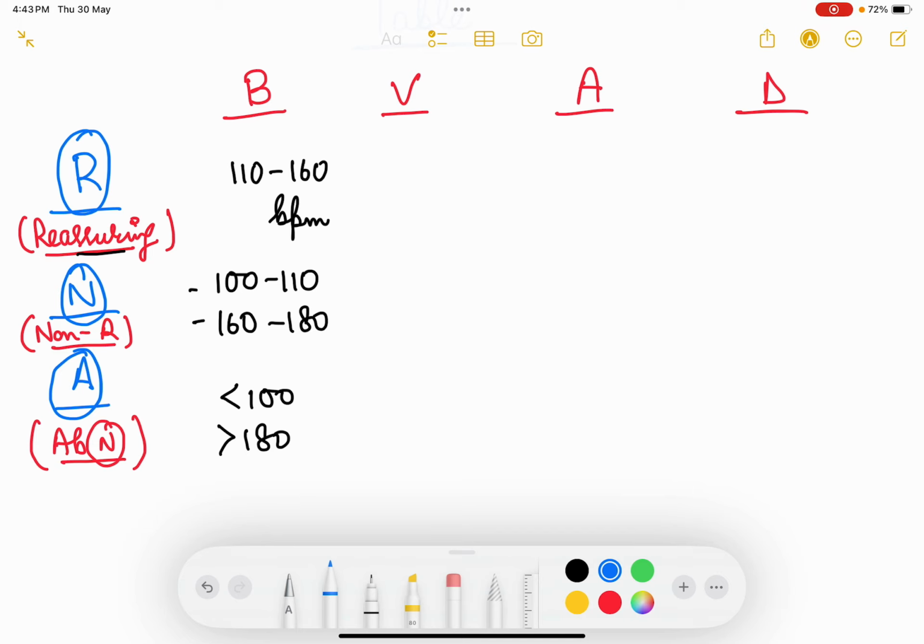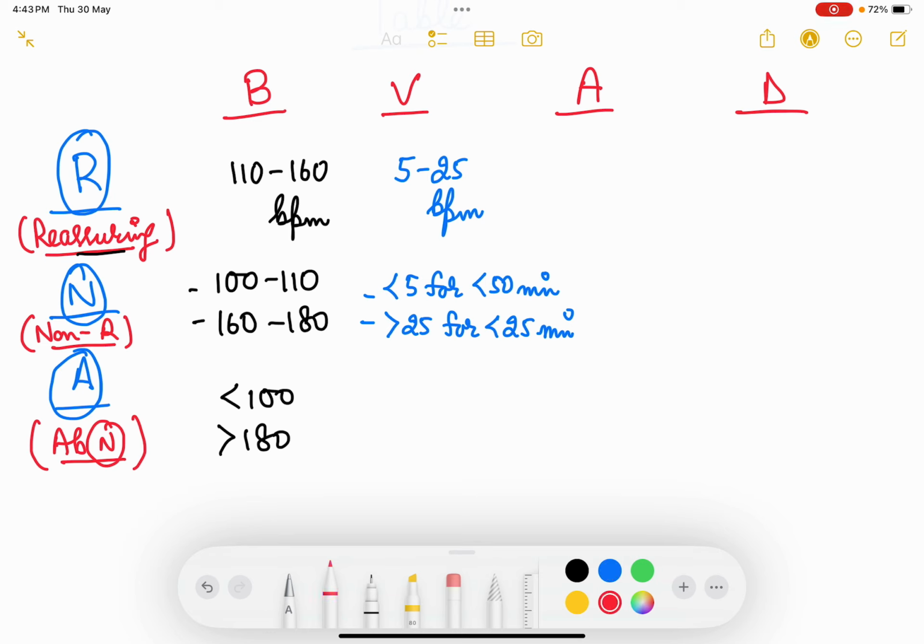Okay. Coming to the next parameter, variability. When there is between 5 to 25 beats per minute, variability is said to be reassuring. If it is less than 5 for less than 50 minutes, then it is non-reassuring. Whereas if it is more than 25 for less than 25 minutes, then it is non-reassuring.